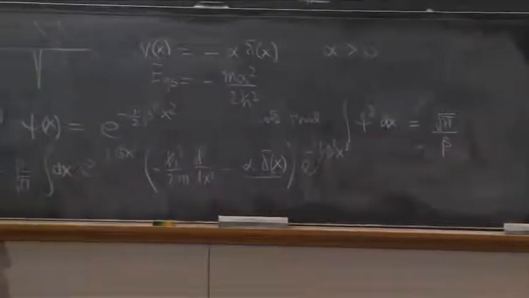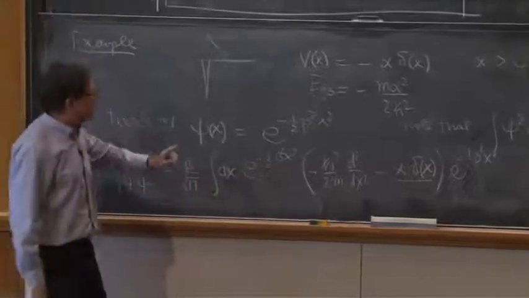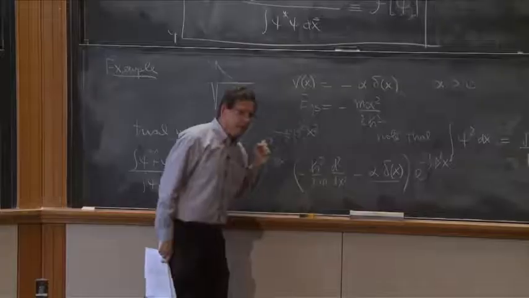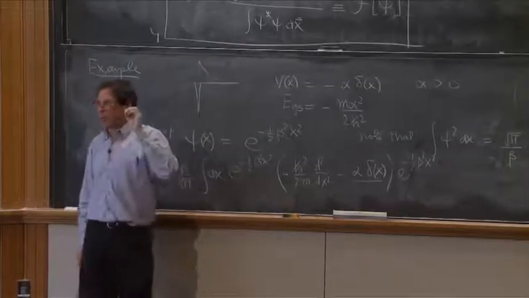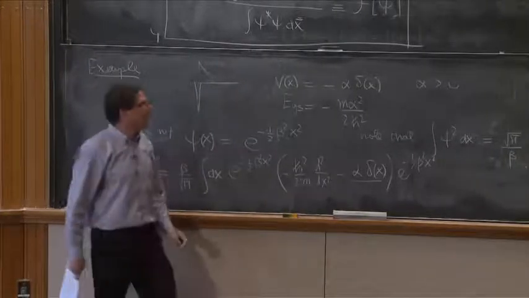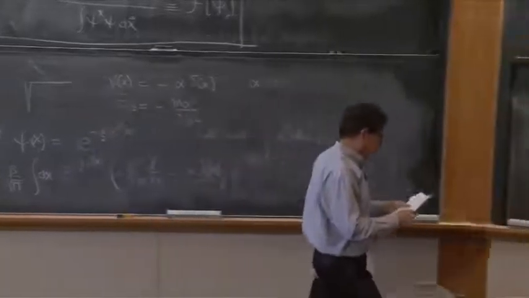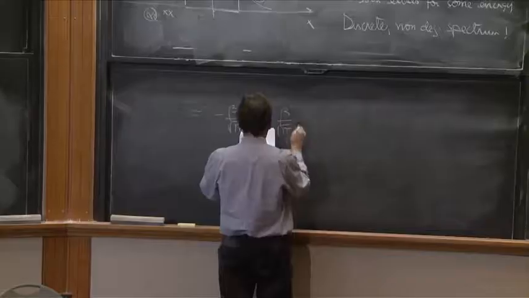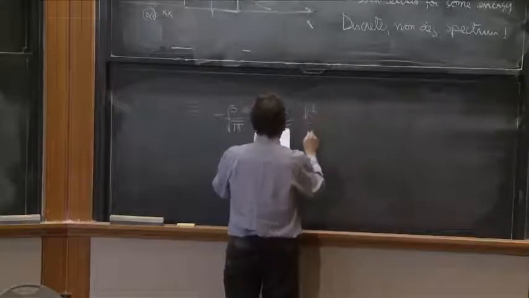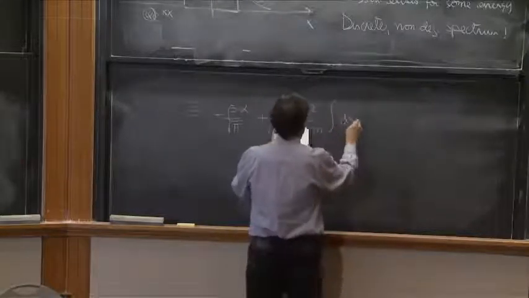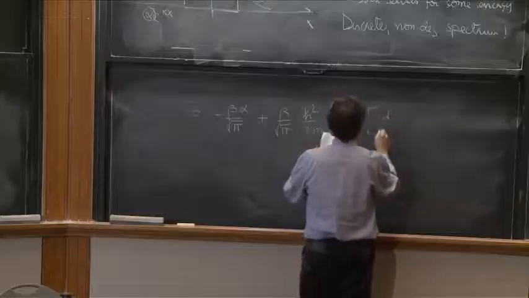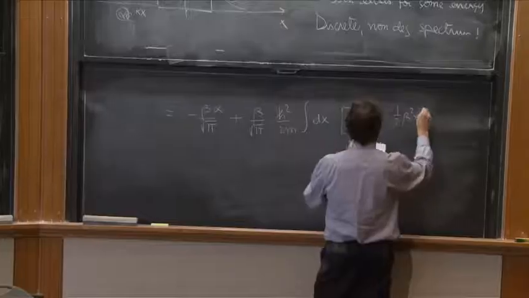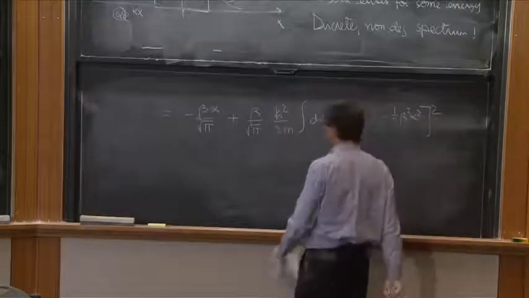Believe it or not, it makes a big difference whether you take the two derivatives of this function or you integrate by parts. If you integrate by parts, you save a lot of work. So let me integrate by parts. This becomes plus beta over square root of pi times h-bar squared over 2m, integral dx of d dx of e to the minus 1/2 beta squared x squared, squared.